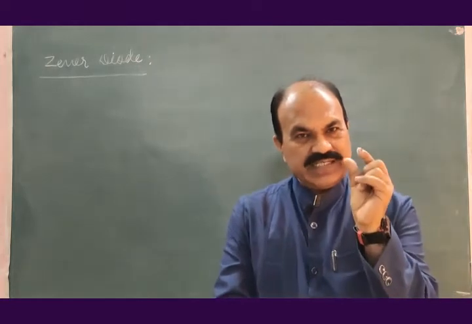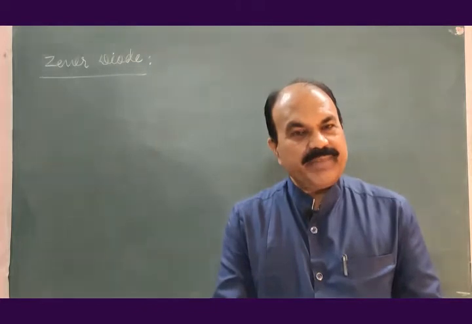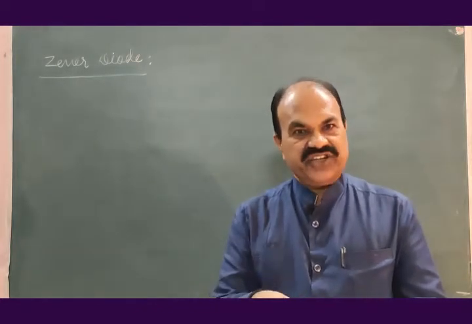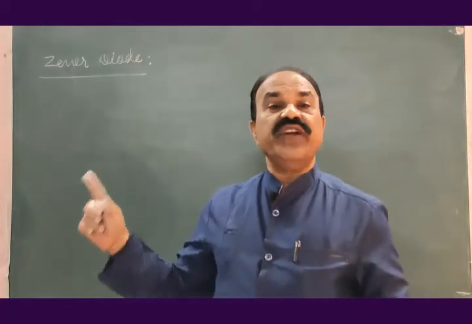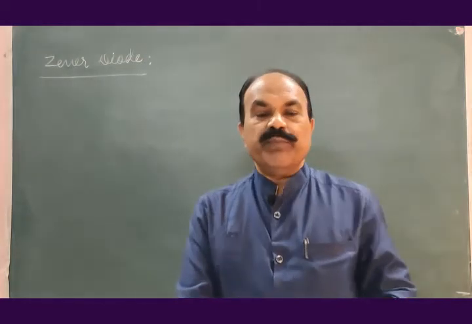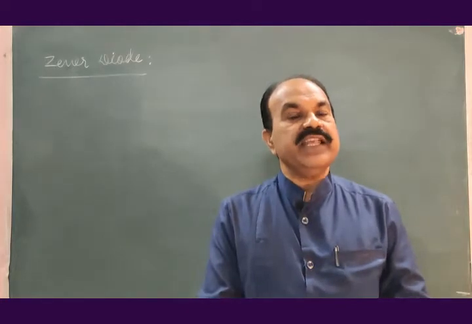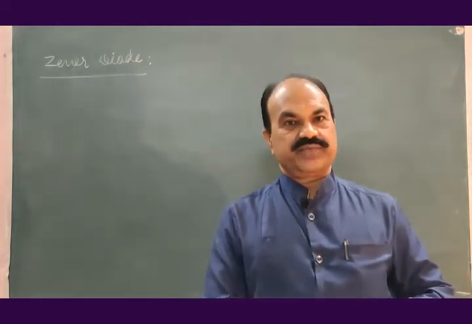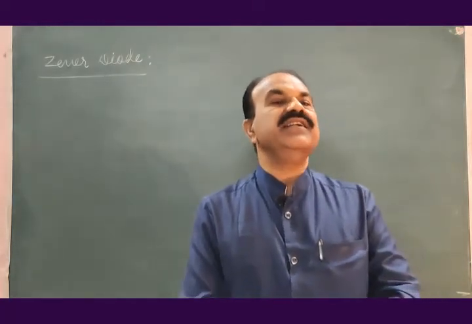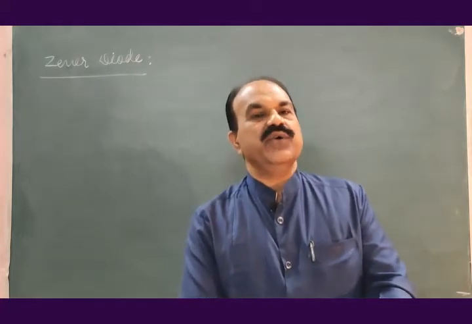The depletion region we studied in the ordinary PN junction diode will have very narrow width in Zener diode because the doping level is very high in case of Zener diode. More pentavalent and trivalent impurity atoms are added into Zener diode.